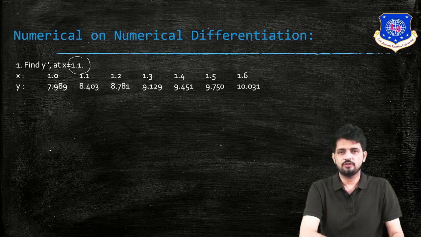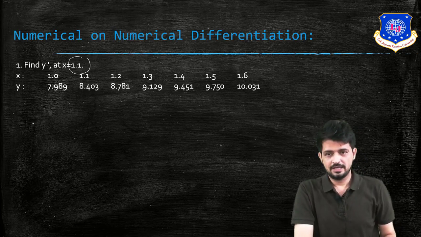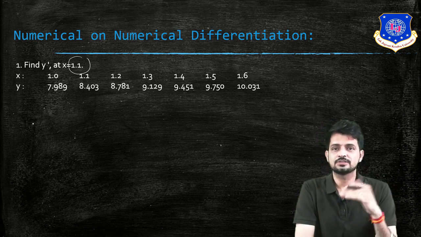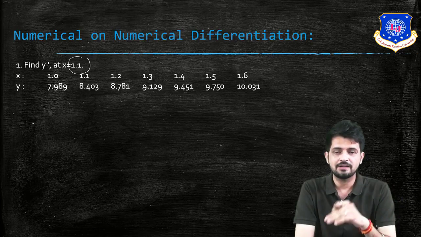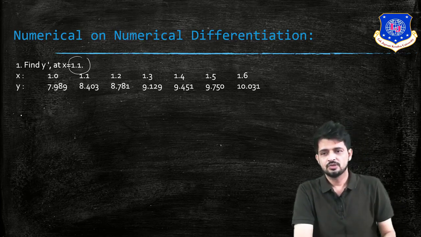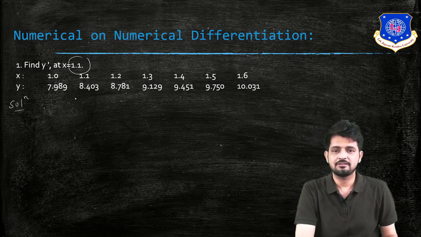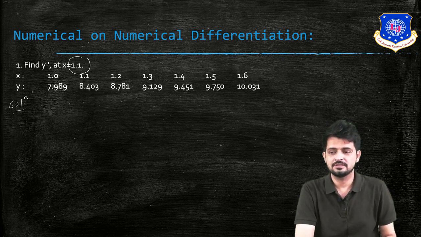So first of all, which is our first step? We have to apply the numerical differentiation formula for Newton's forward interpolation, but before that we have to make a difference table. So let us make the difference table for this numerical. How many values are there? Seven values are there, so there will be 6 differences.